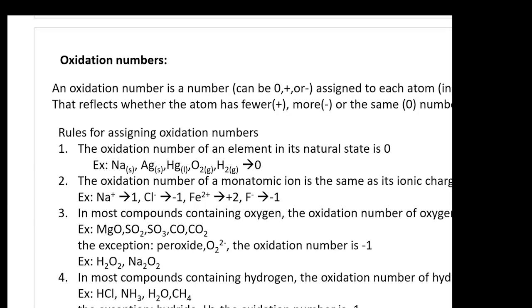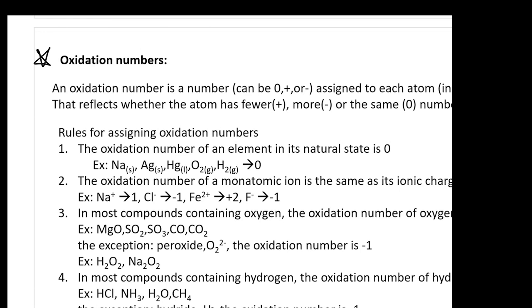In order to figure out how the electron is flowing from one species to another, one very important thing is to know how to calculate the oxidation number of an atom. This is the most fundamental thing that you want to master. The oxidation number can be positive, 0, or negative.